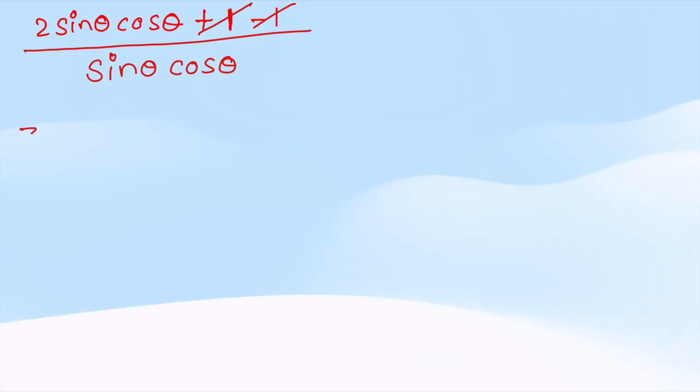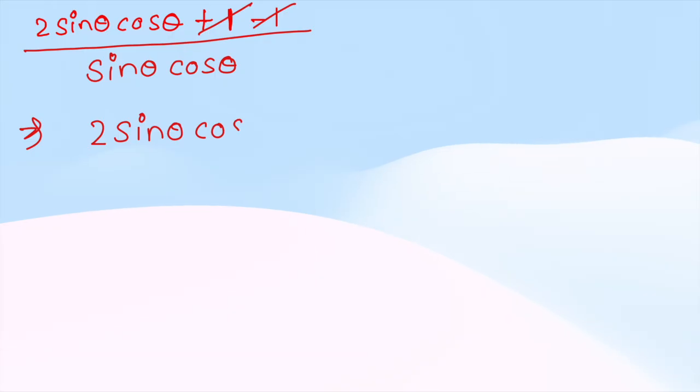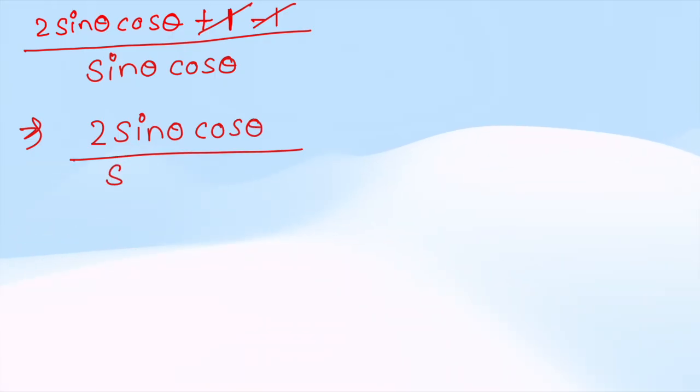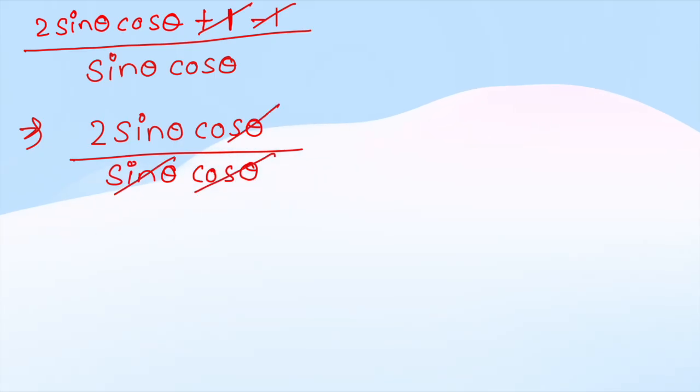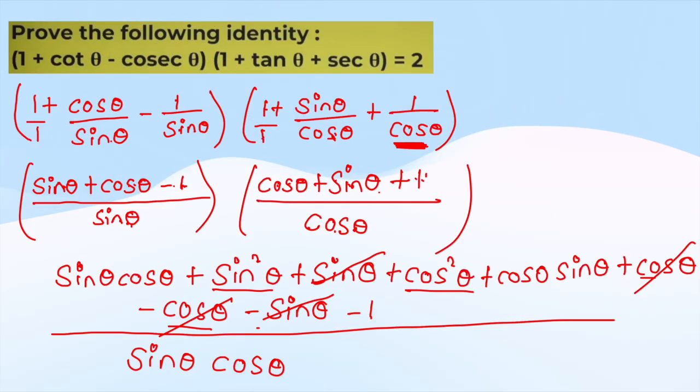What do we have next? It will become equal to 2 times sine theta cos theta divided by sine theta cos theta, the cos and sine cancel, and at last we have 2, which equals our RHS. See, this is what we have to prove, right? We have to prove it equal to 2.